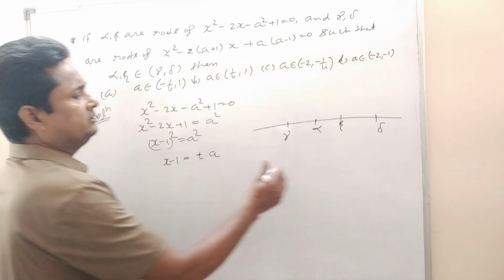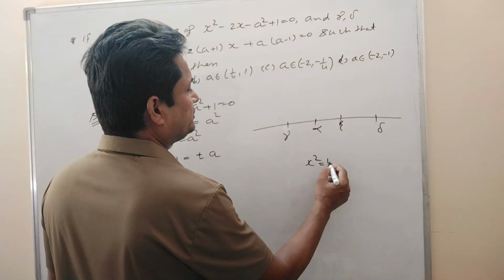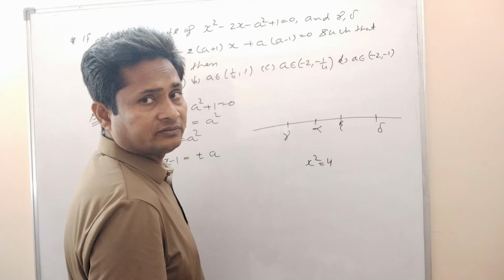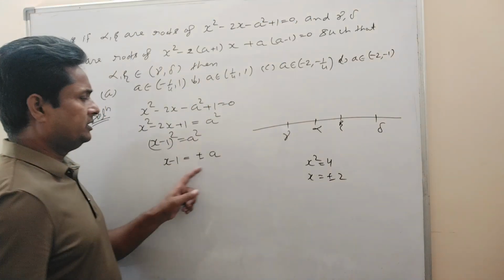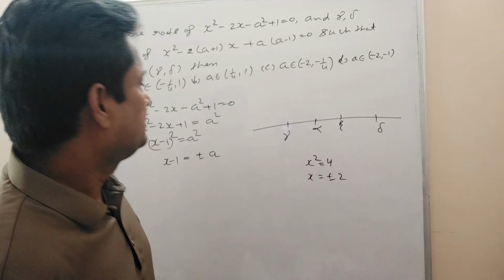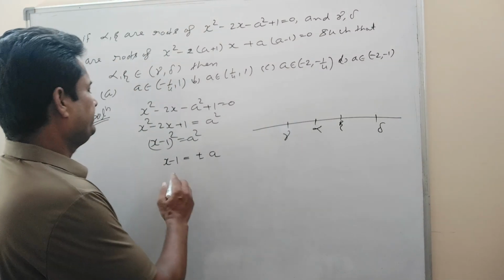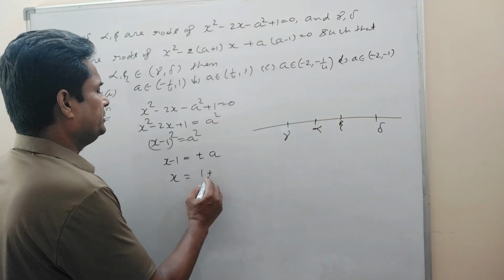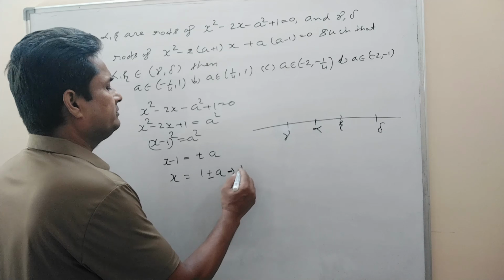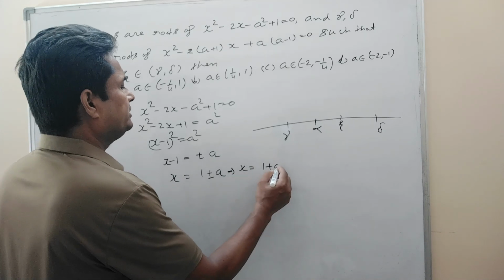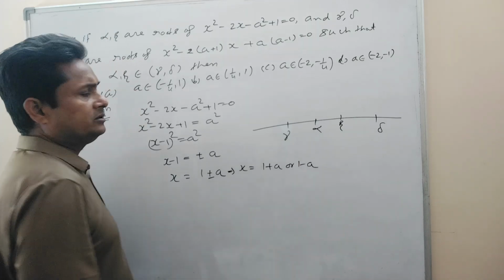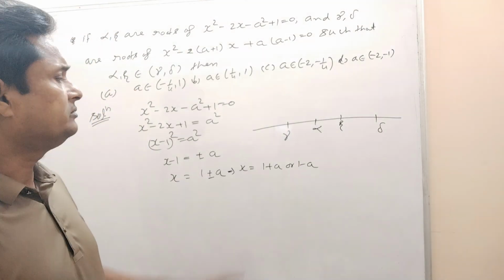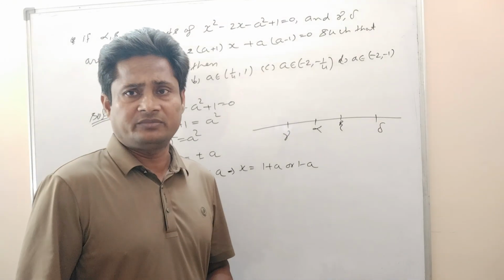If x square is equal to 4, then x will be plus minus 2. So now here x will be equal to 1 plus minus of a. That means there are two values, 1 plus a and 1 minus a.